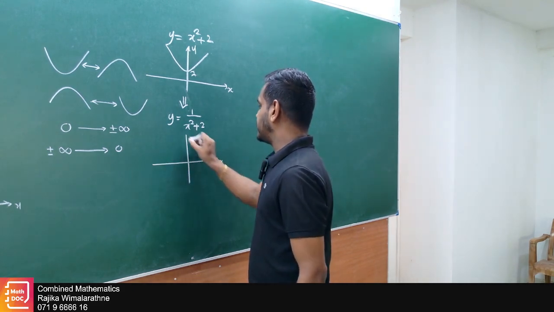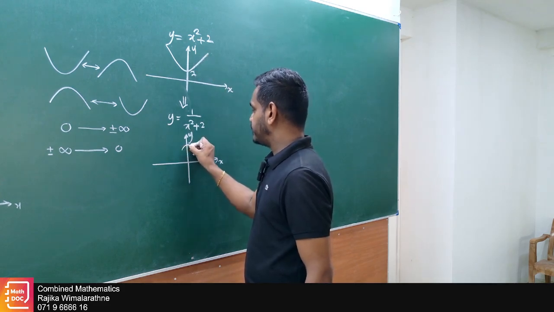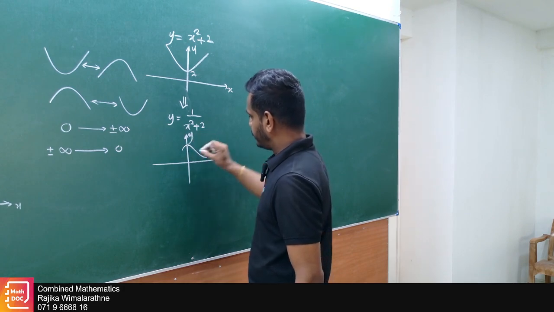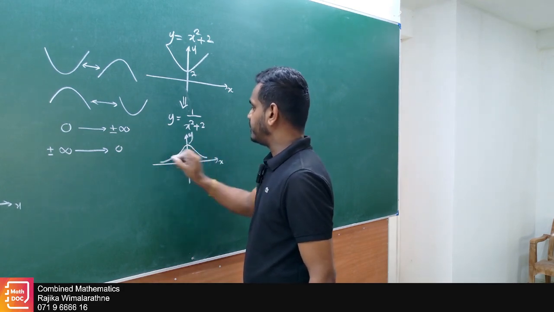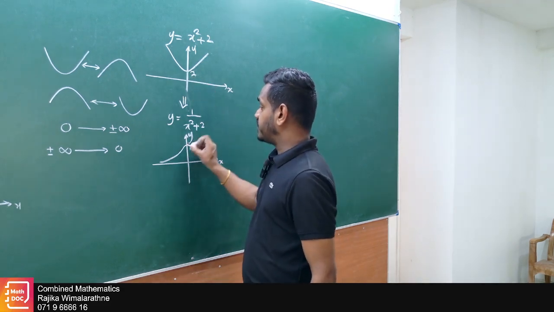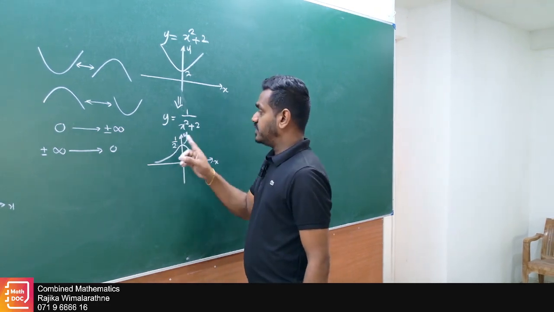Here x-axis, y-axis, you change this minimum to maximum and infinity to 0. Don't cross the x-axis. Here 2's reciprocal will be half.